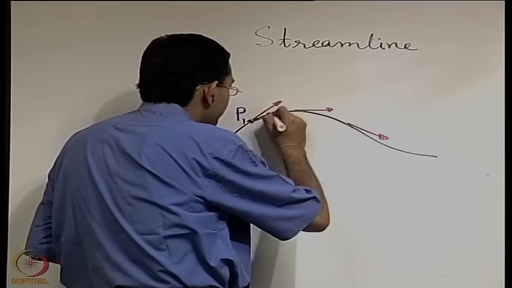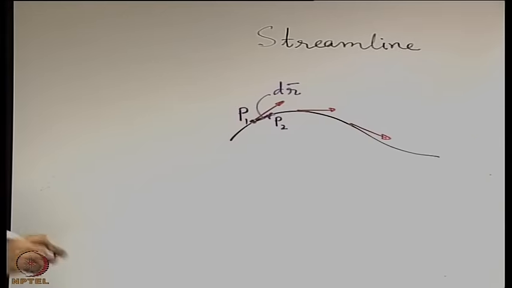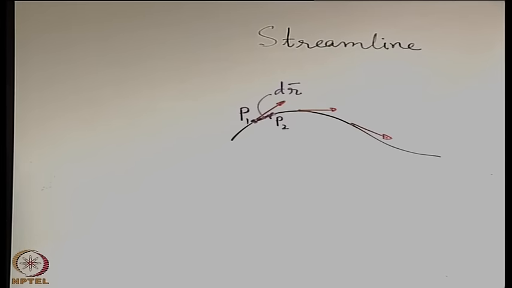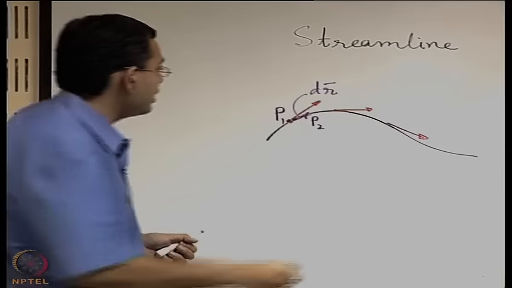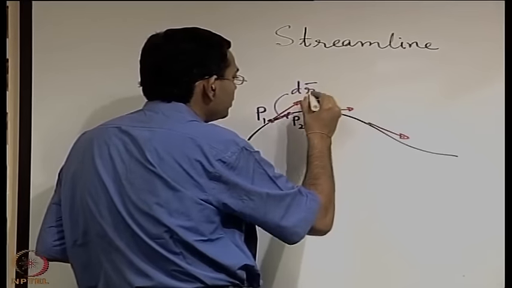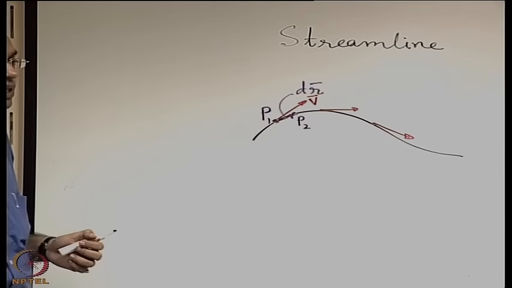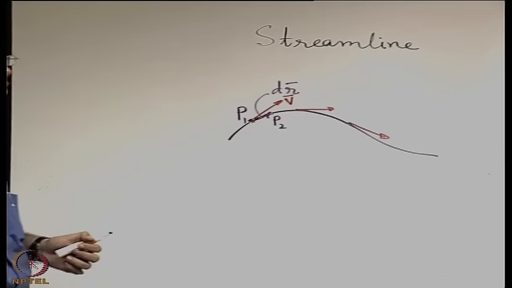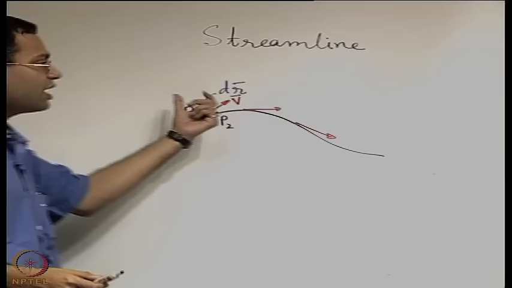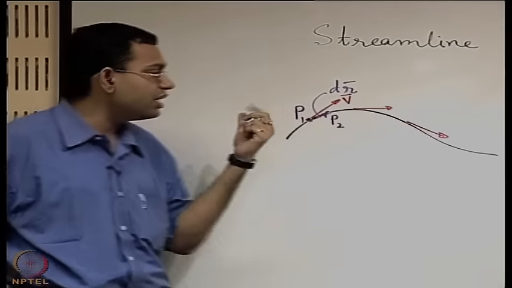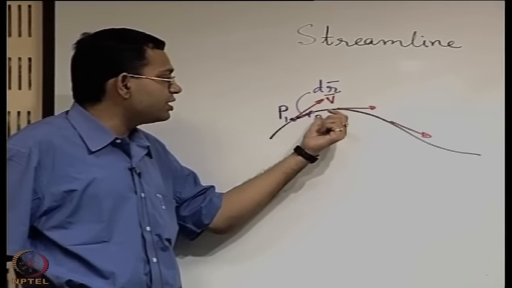The vector P1P2, let us say we denote it by a change in position vector dr, and let us say that V is the velocity at that particular point. When we give it a name dr, we have to keep in mind that it is differentially small, it is as good as writing delta r as delta r tends to 0. So when delta r tends to 0, what is the status of the points P1 and P2?